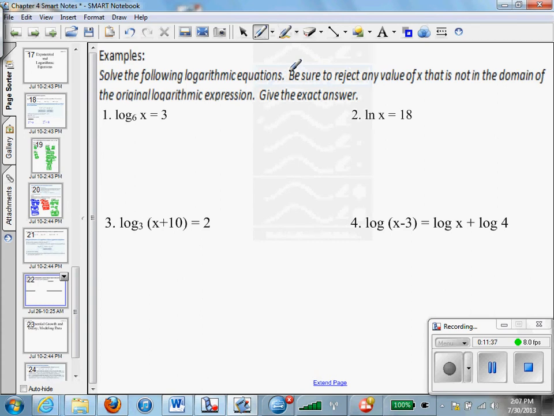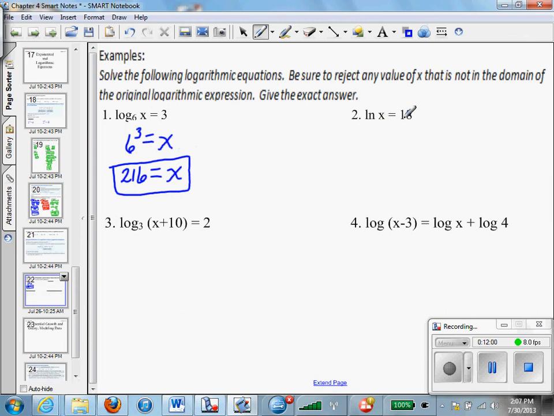So for number 1 we have log base 6 of x equals 3. So we just take our base of 6 with our power that it equals, 3, equals x. Now we're simply solving 6 to the third power, which equals 216 equals x.